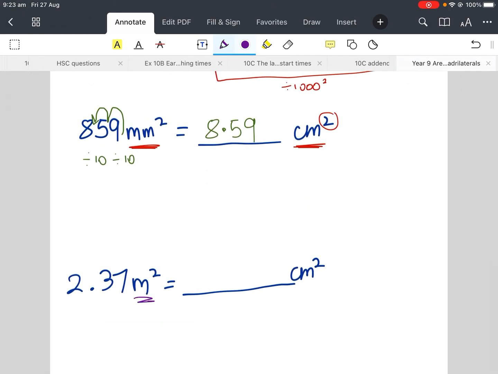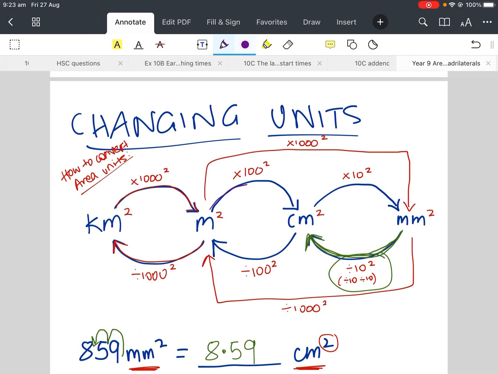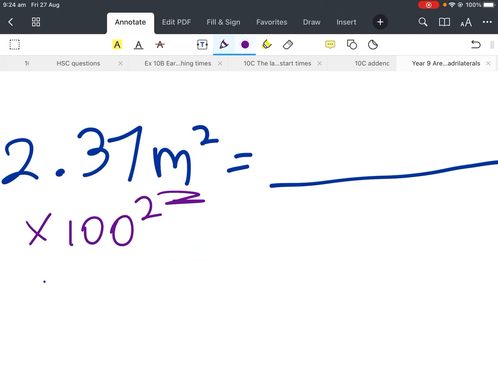Okay, so we're starting at metres and we go to centimetres. So I'm following this arrow. It tells me to times by 100 squared. So that's what I'm going to write under here. So that means I am timesing by 100, timesing by 100. Notice there are 4 zeros. So if you want to do the jumping method, you can use your calculator.